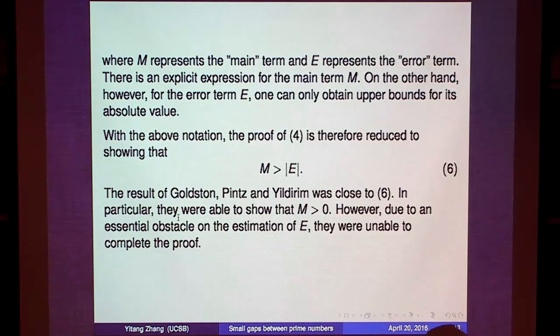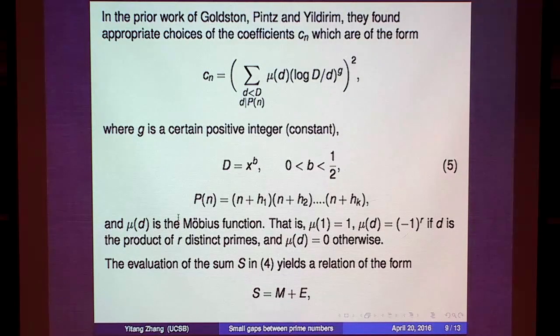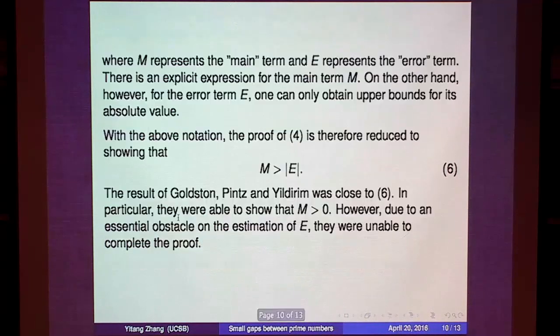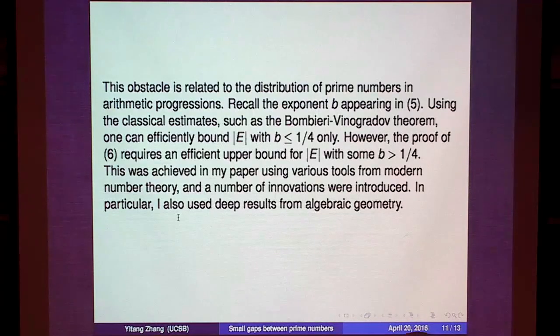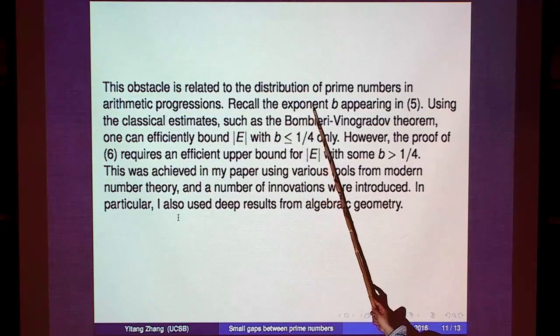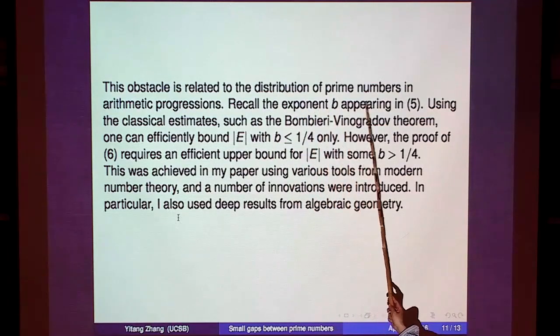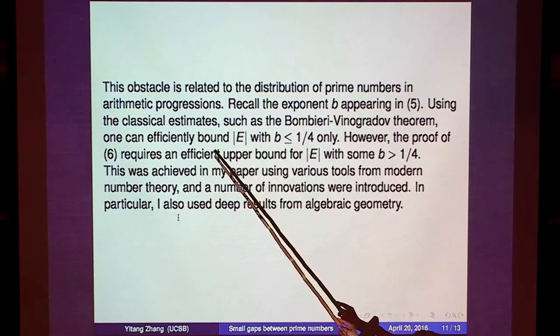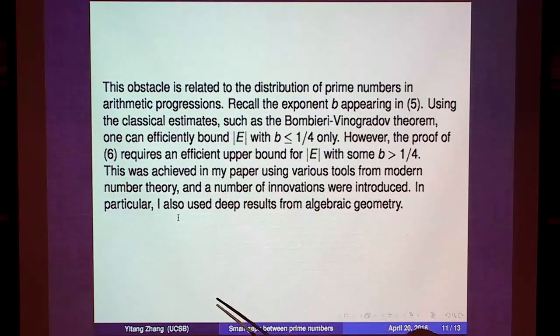Now, what means the estimation of the E? Let's recall that here D is equal to capital N raised to B, depending on the exponent B. So this is relative to another big topic, the so-called distribution of prime numbers in arithmetic progressions.